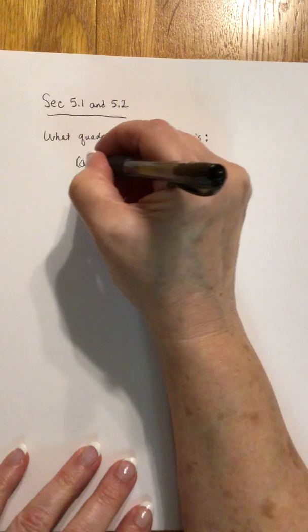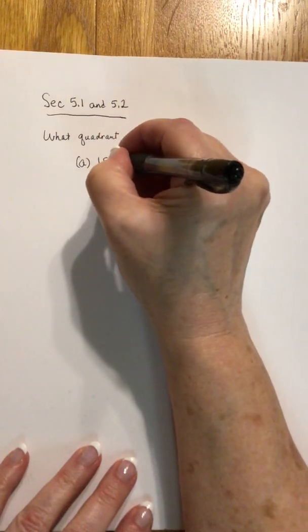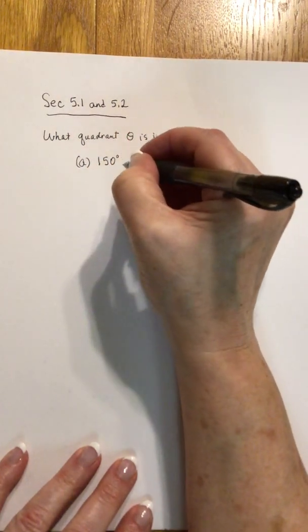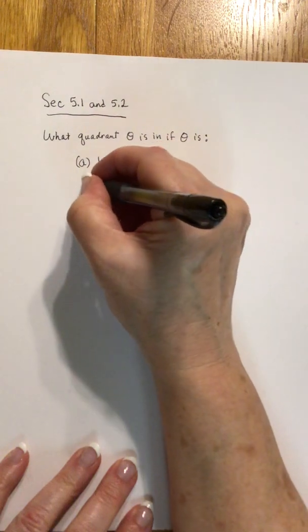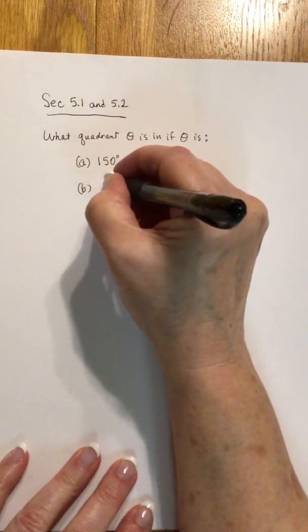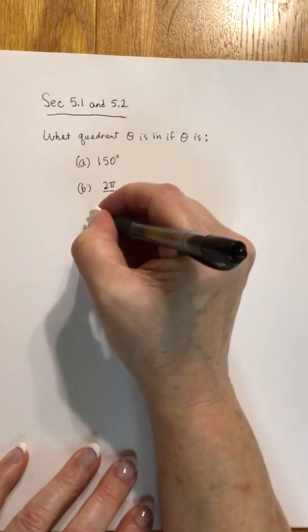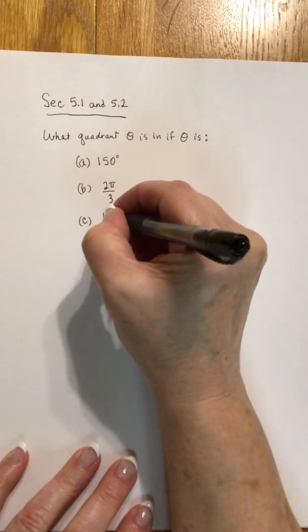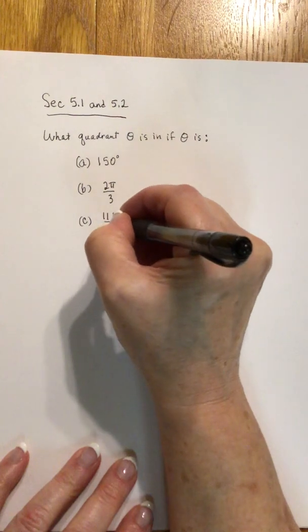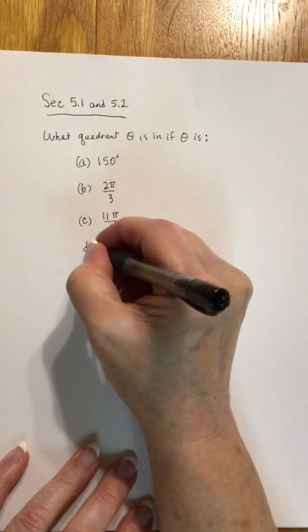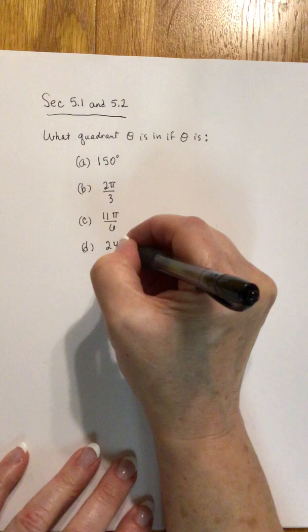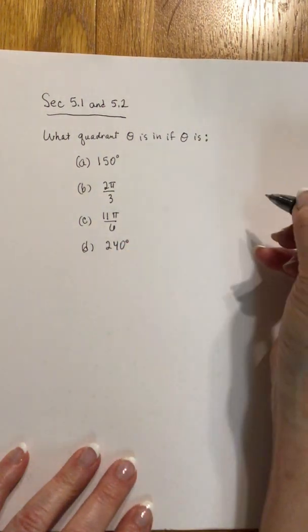A, you're going to tell me what quadrant 150 degrees is in. B, 2 pi over 3. C, 11 pi over 6. And D, 240 degrees. So all I want to know is what quadrant.